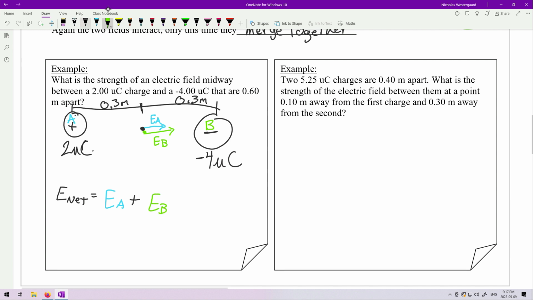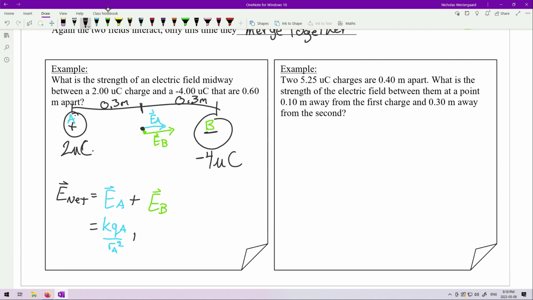should add together. And if I were to just crunch in the numbers for electric field A, you know what, sorry everybody, I've been forgetting to put in my arrow hats, because these are vectors for the electric field, not energies. So I'm going to put the arrow hat up, there we go. How do I calculate electric field A? Well, that's simply K charge A over RA squared, where RA is 0.3.